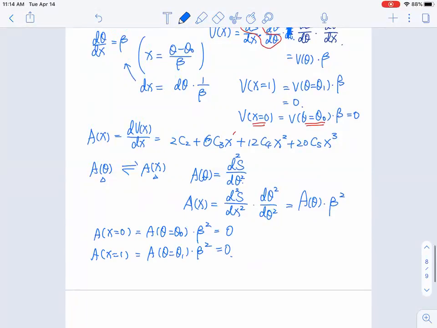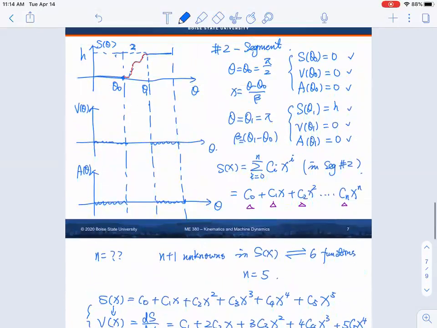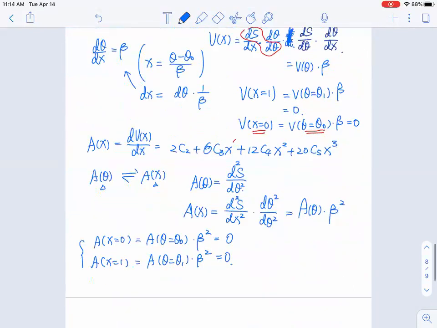So this example is very special because all the velocity and acceleration are 0. That's why you have the same velocity in both x and theta domain. But if you go to lecture 20, in that example, your velocity at the boundary is not 0. So then you have to pay attention.